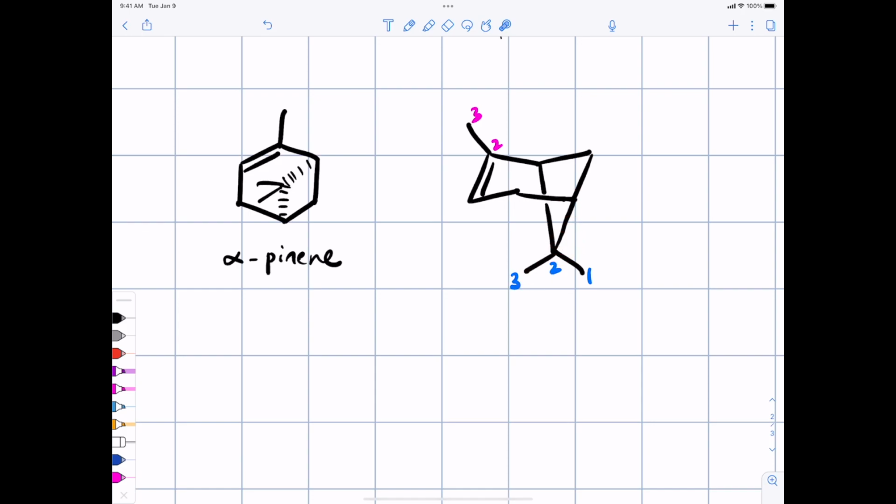Then I could go 4 and 5 here, and that would be 1 isoprene unit. And then 1, 2, 3, 4, 5. So 10 carbons, there's my 2 isoprene units. Do you see that basic sigma bond connectivity? You get the branching methyl group.